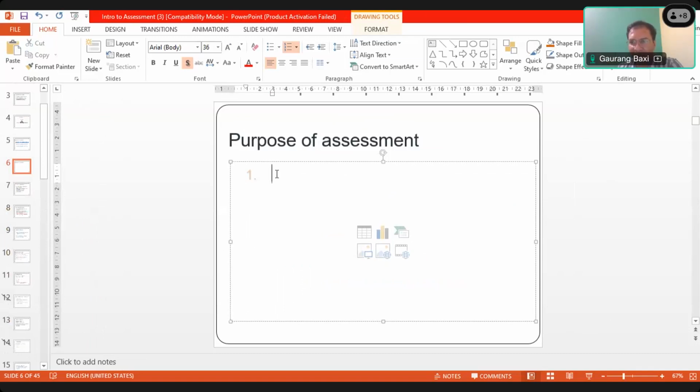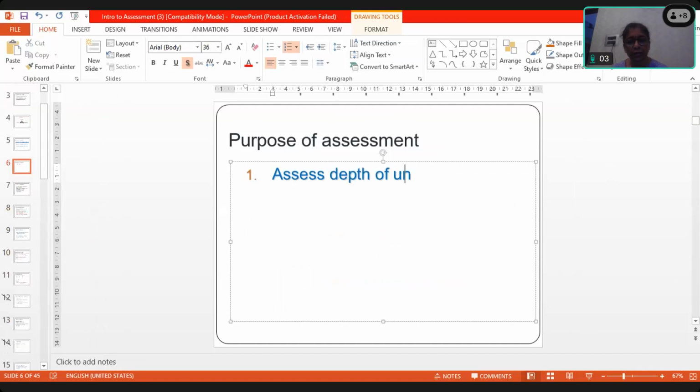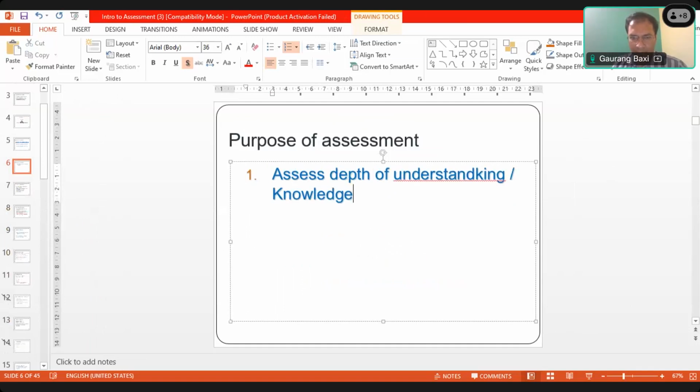One person at a time, and I'll note them down. Assessing students' knowledge, to know the depth of understanding of the student and how far he is able to integrate that knowledge in the practical scenario. Providing feedback.